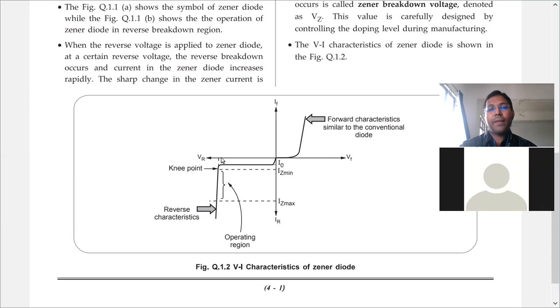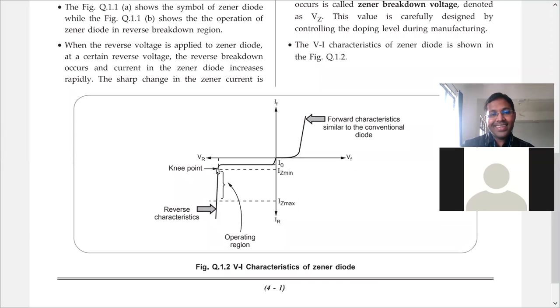This voltage is called VZ, the breakdown voltage or Zener voltage. What do you mean by a 5.1 volt Zener diode? It means the Zener diode will break down at 5.1 volt. So that is this particular breakdown voltage.